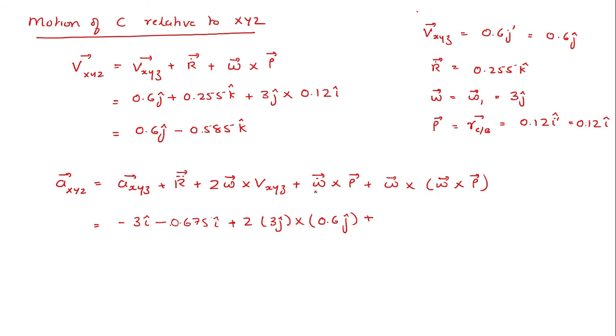Since it is undergoing constant angular velocity, this will be 0, plus omega vector, that is 3j, cross 3j cross rho vector, which is 0.12 i cap. Again, if you try to solve this, you would get 4.755 i cap.